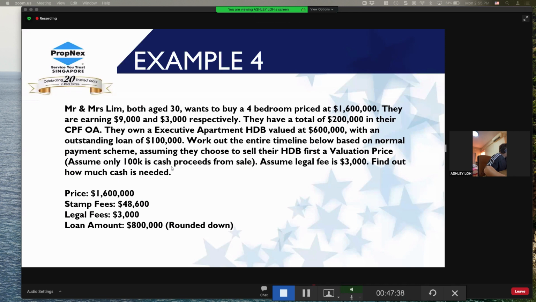Let me see if I missed out any questions. Why only EC has DPS, for Tiffany Low? Because HDB decided so. At the end of the day, EC and HDB are all under HDB's ruling.